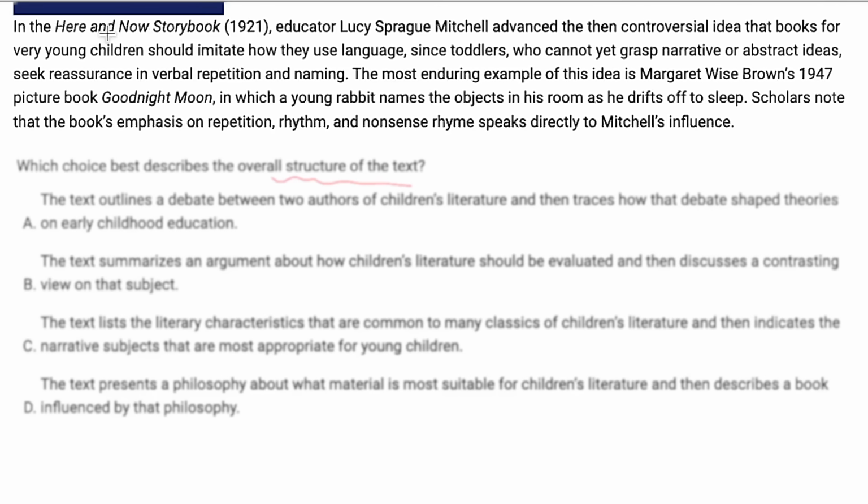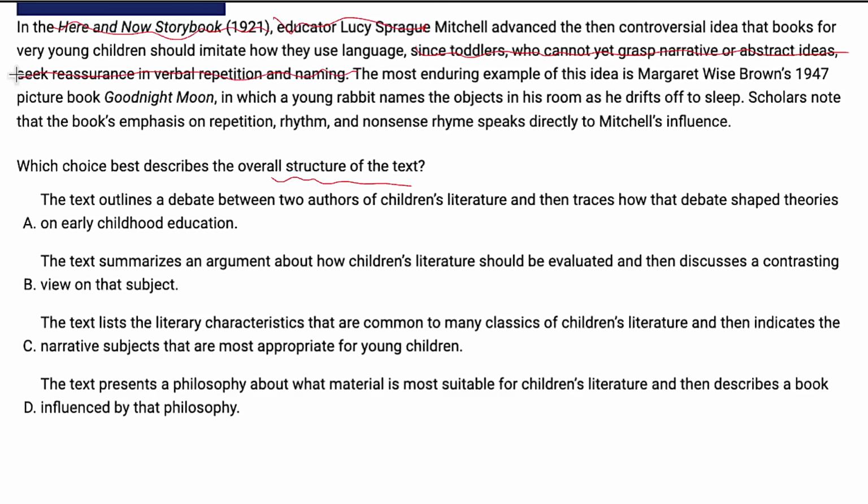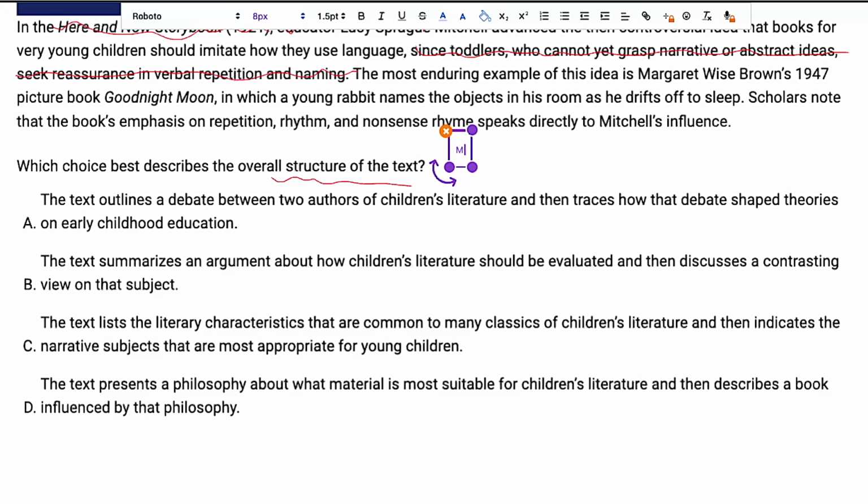So in this book, this person, Mitchell, "advanced the controversial idea that books for very young children should imitate how they use language, since..." I don't care about "since," because I already have the first part of this is M. I wouldn't even call her Mitchell. I'll call her M. M says kid books should have kid language, something like that, right?